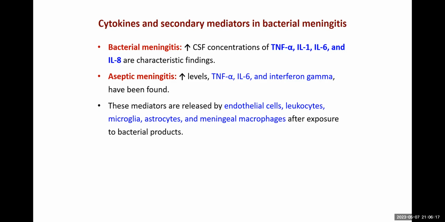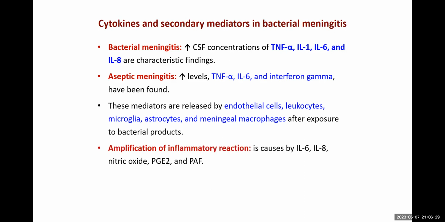Sometimes bacteria secrete toxins, and those toxins can stimulate the immune system, or they can also damage the cells and the blood vessels. Amplification of the inflammatory reaction is caused by IL-6, IL-8, nitric oxide, prostaglandin E2, and platelet activating factors. So many things.